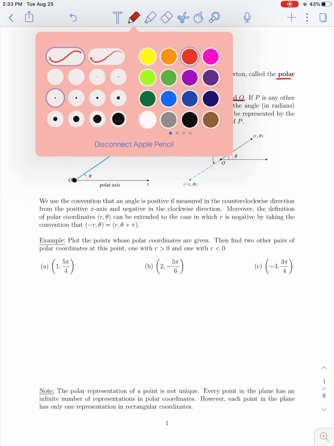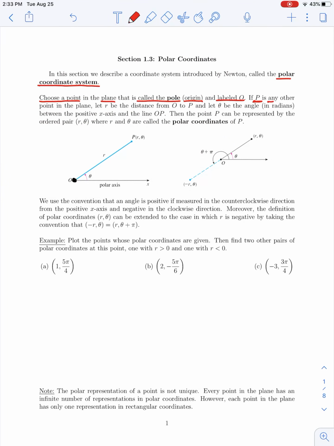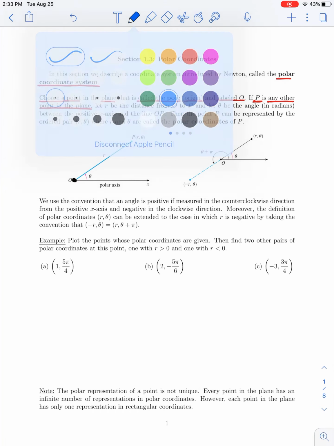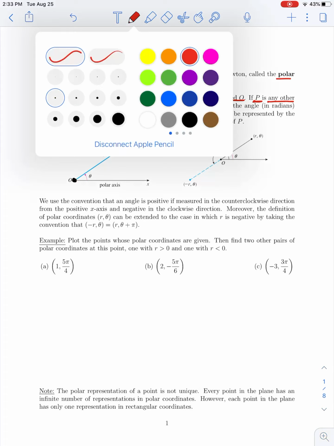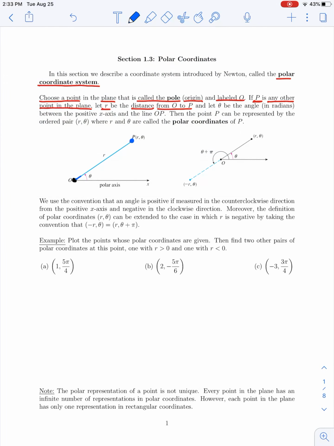And then if P is any other point in the plane, call it P. We're going to define R as the distance from the origin to that point P. If we were to connect the origin directly to this point P, the distance along that line segment is what we call R.